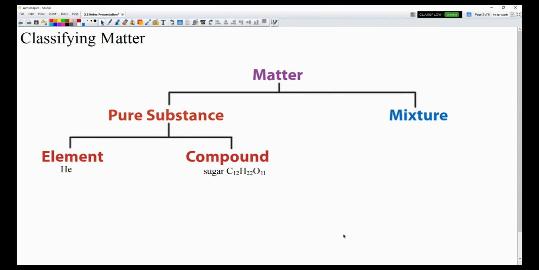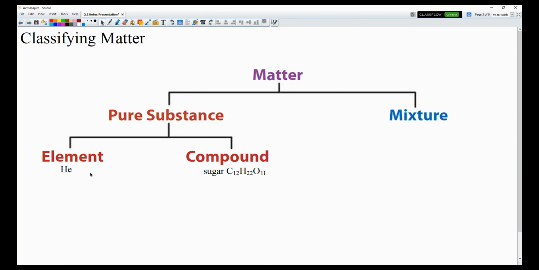The main or the official way to classify matter is into pure substances and mixtures. So they're classified into 2 broad main categories, pure substances or mixtures. And then pure substances are classified further into elements or compounds.